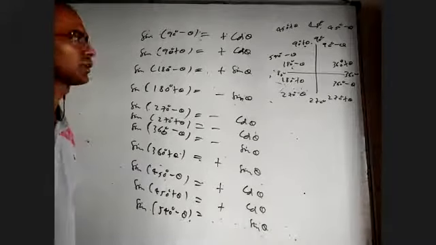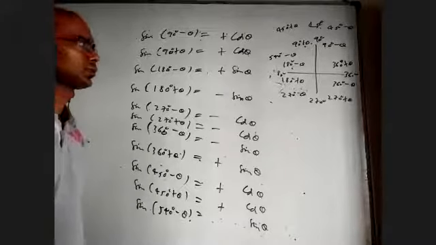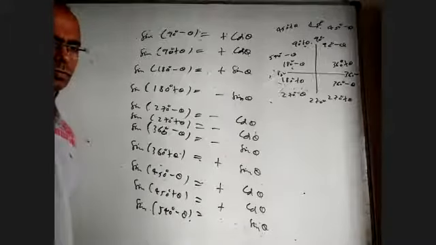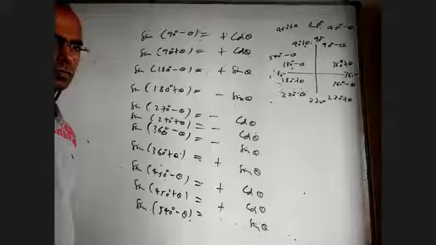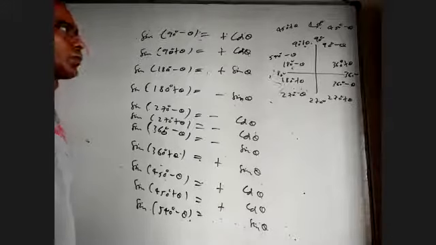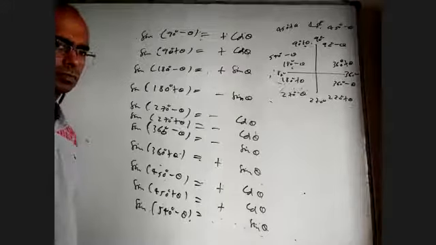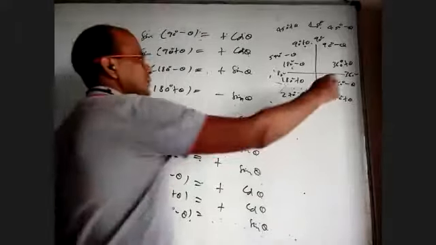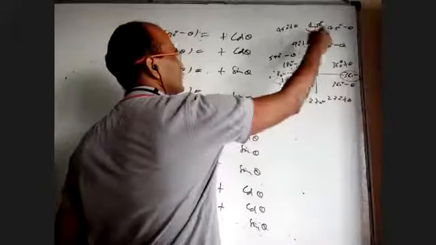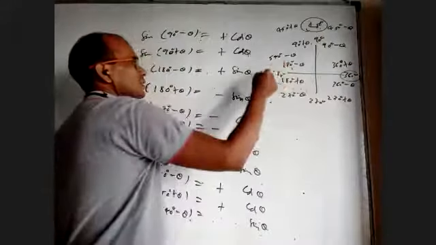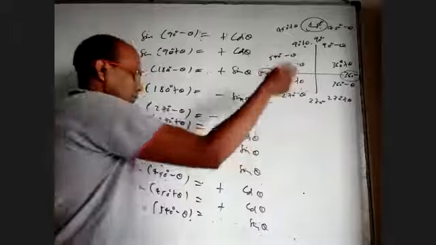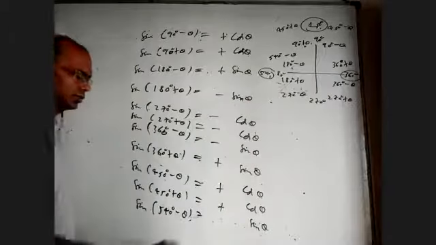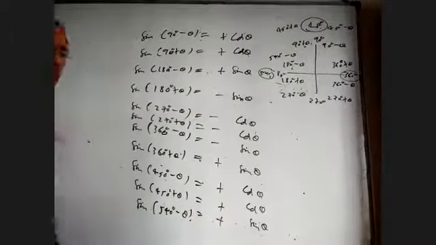Where is 540? This is 360, third quadrant. This is 450. 540 is here, so it's in the second quadrant, positive. Yeah, right. Okay, good.